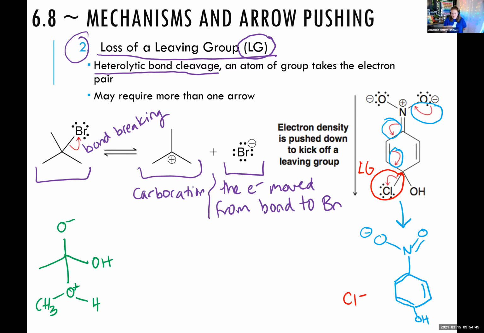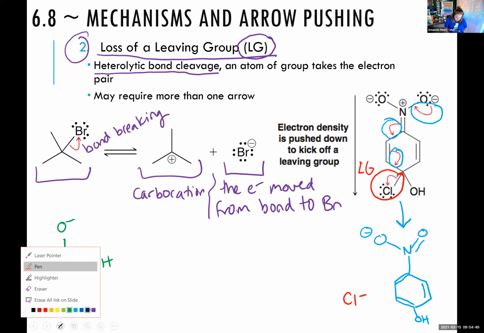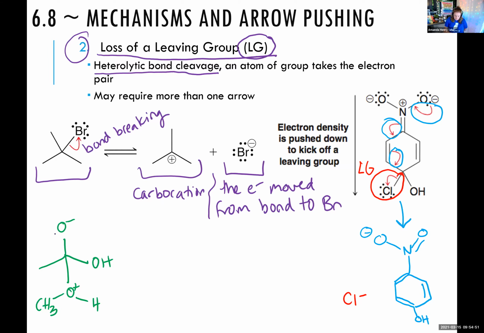We're going to do a loss of a leaving group for this. So I'm going to do 2 arrows at once. This is my leaving group right there. We're going to kick off that OH group. So the bond, the electrons are going onto that oxygen to create our leaving group.